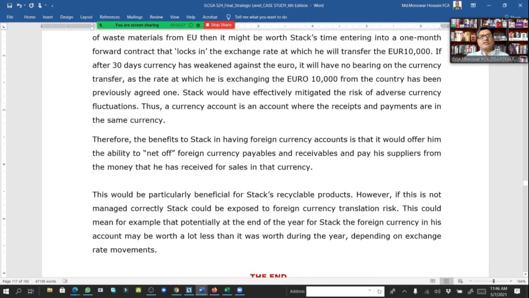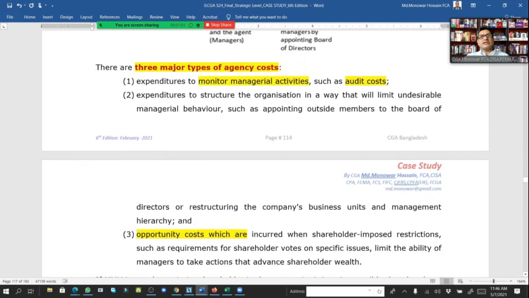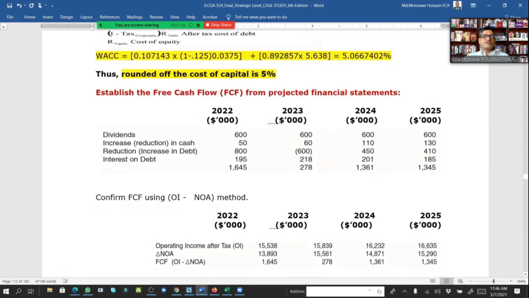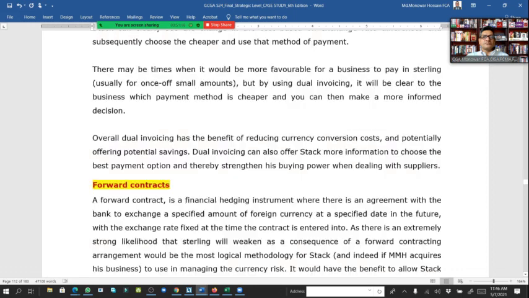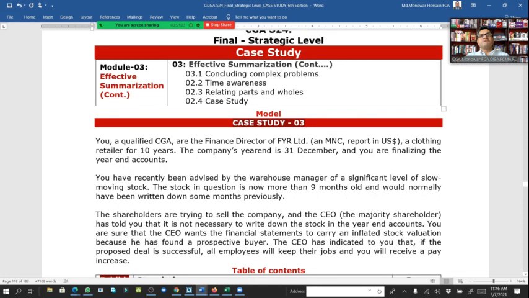So this is the total answer. We are going in a hurry because you have to do this calculation in your working paper. Now one case study, just for understanding.